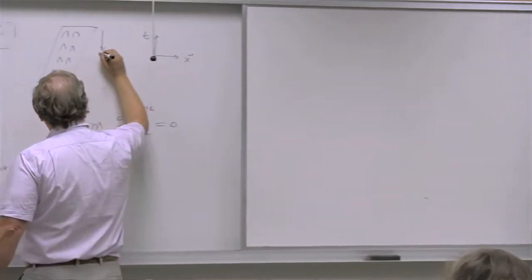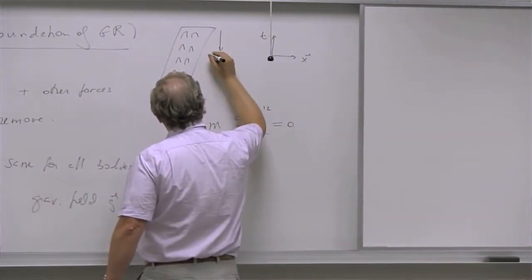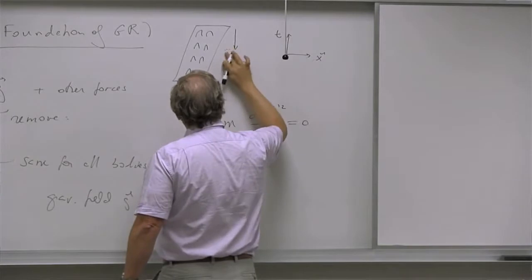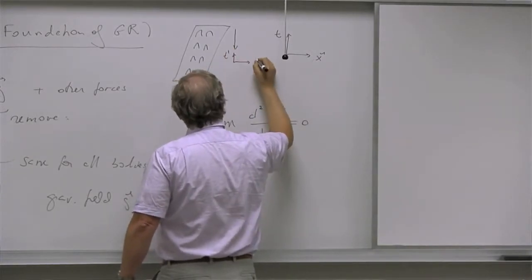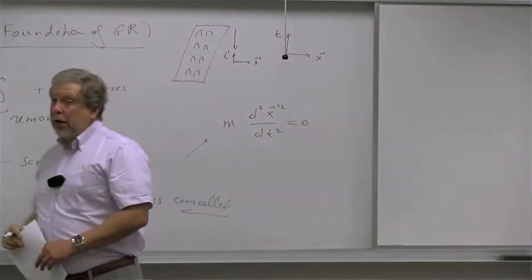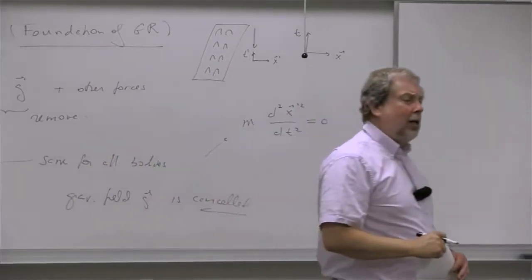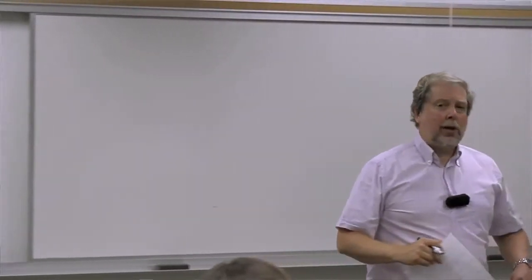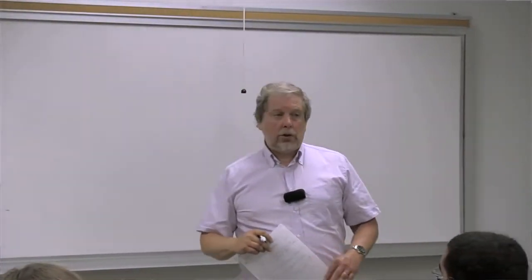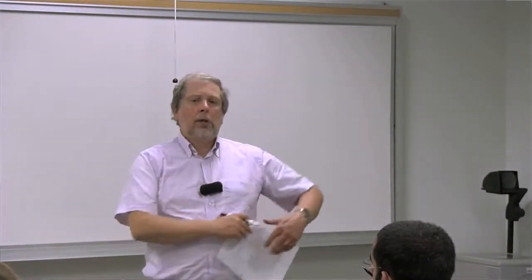So that's the frame that is freely falling and has a t prime and an x prime. And in that freely falling frame, if indeed there is this equivalence between gravitational and inertial mass, then in that freely falling frame, there are no forces. There are no forces.